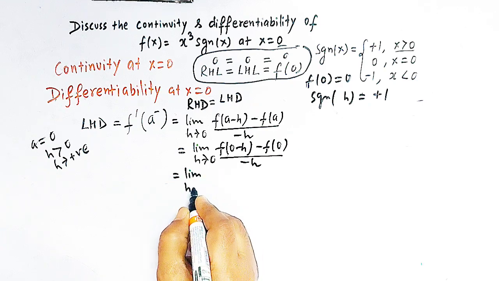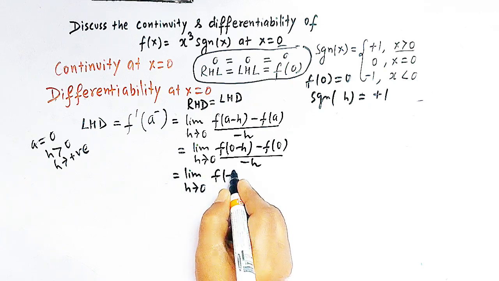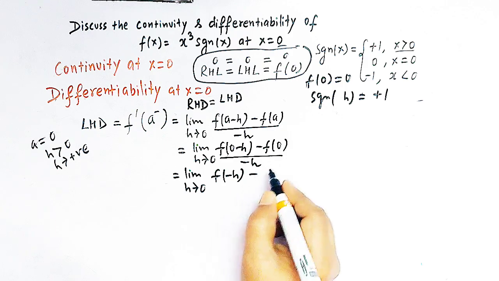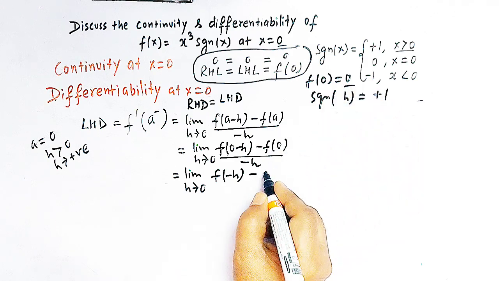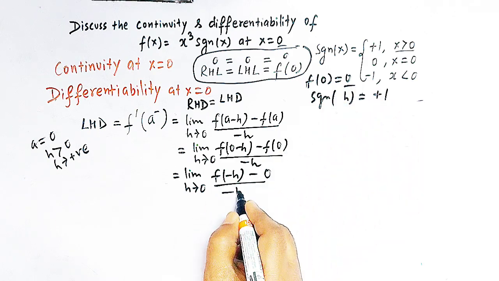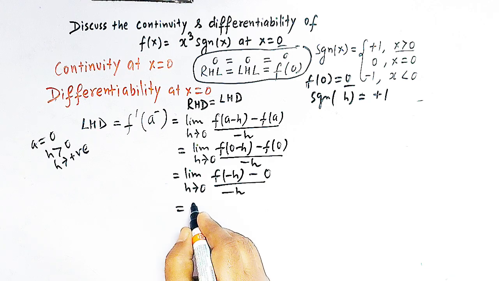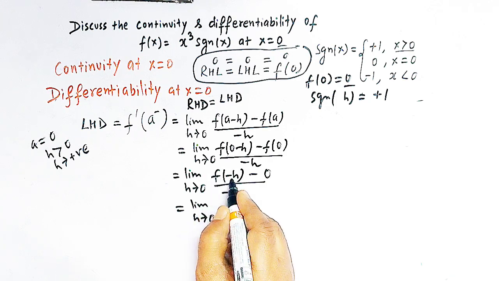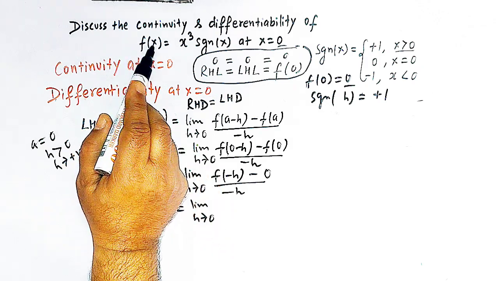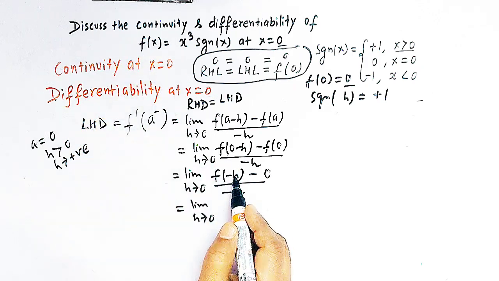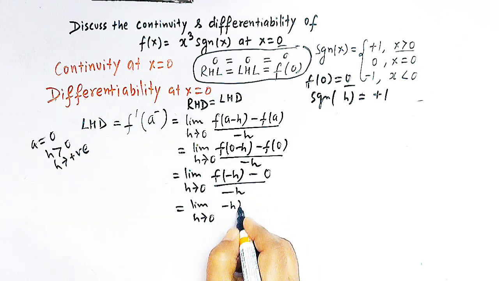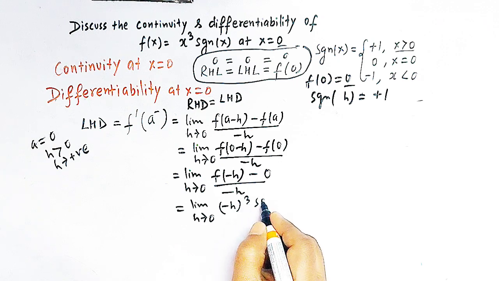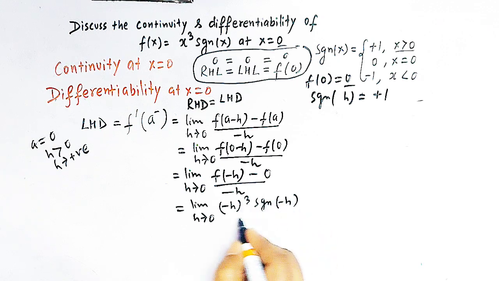So this is limit h tends to 0, f of minus h, and f of 0 is equal to 0, and here we have minus h. So f of minus h can be obtained by replacing x by minus h. So we have minus h cube, and here we have signum of minus h, divided by minus h.